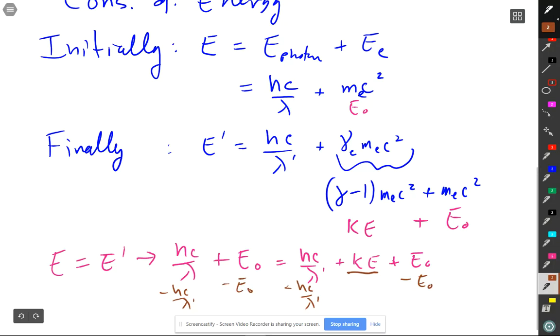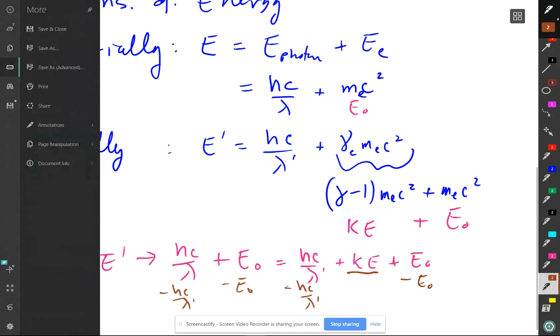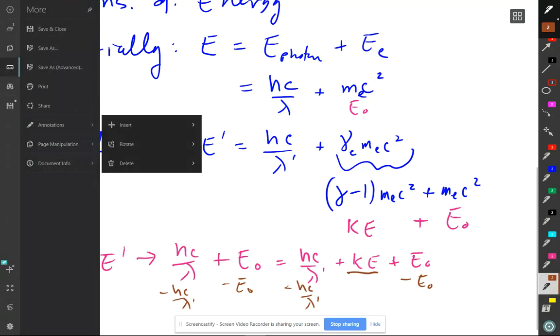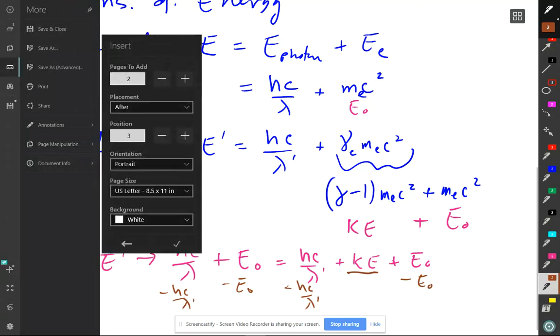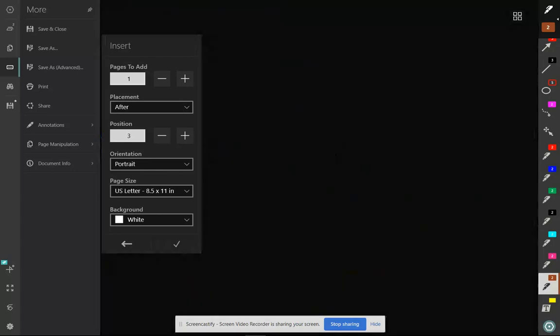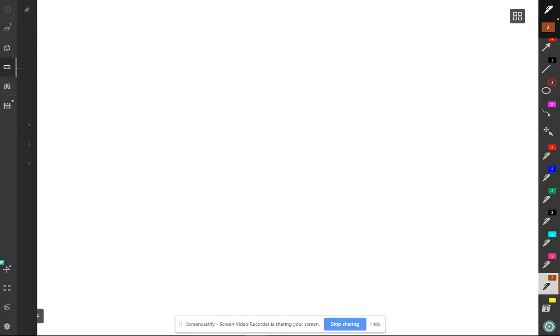And I wrote so big I need to make a new page. Just don't need two new pages for sure. And so I'm left with the equation from the previous page that kinetic energy is equal to hc over lambda prime minus hc over lambda.